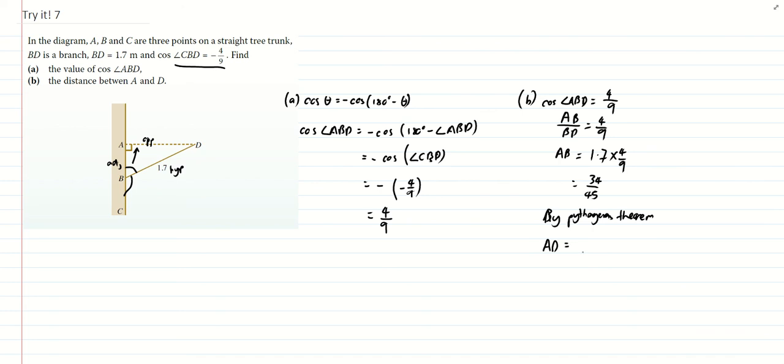So AD equals the square root of 1.7 squared minus (34 over 45) squared. So AD equals 1.52 meters. Okay, and that's it.